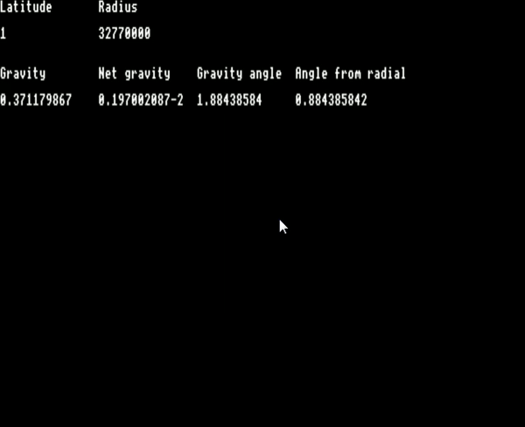The angle between net gravity and radial dropped below 1 degree. And gravity is slightly more than 1 foot, but it's a lot less than half a metre per second. We shall now skip some.